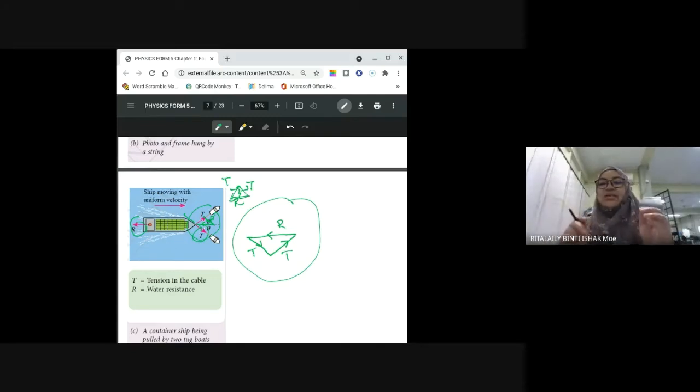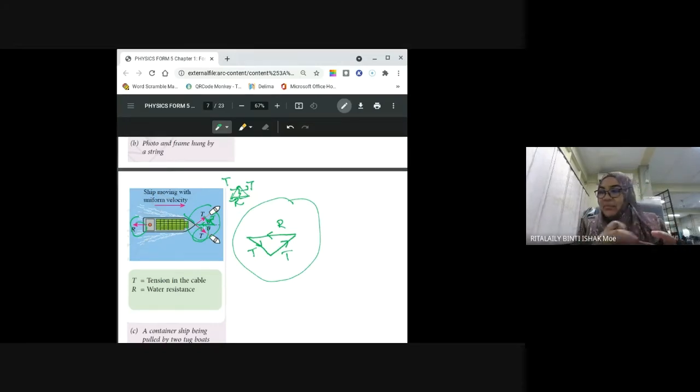Mesti ada resultant force. Okay, so sekarang ni dia cerita tentang the ship is moving with uniform velocity. So, bila object move in uniform velocity, the object is moving with inertia. Okay, dan dia boleh berada in force equilibrium. Because ini bukan initial situation. Ini situation dia sedang bergerak. Tapi kalau initially, you cannot get force in equilibrium. Sebab initially, the boat is not moving.